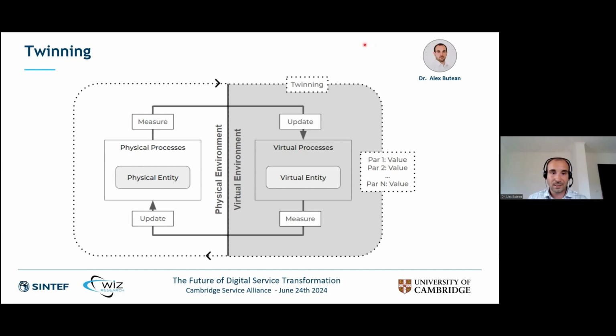Even though in this diagram the two worlds, the physical environment on the left represented with white and the virtual environment on the right represented with gray, are kind of mirrored, we can see that different things are applied. If we look at the diagram and understand the physical processes happening in the physical environment, we can only measure them.